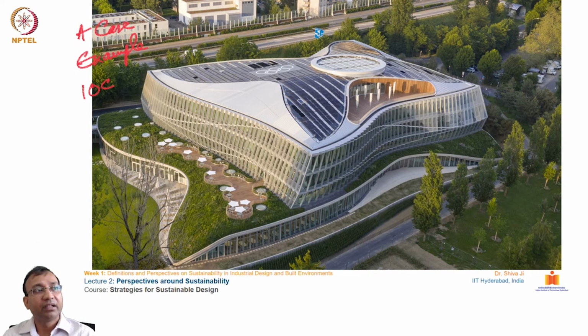So this is a building of the IOC, International Olympic Committee, and you see this has a very strange kind of design, but this strangeness is devised from simulation, because at what time of the year, at what time of the day, how much sun intake, how much light intake is needed in which portion of the building, and accordingly the surface of the building, which you are seeing is tapering and waving like that, is designed with that calculation in mind. And this is one of the most efficient designs in recent times.